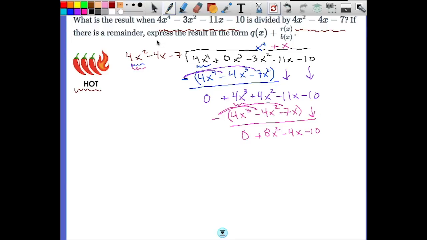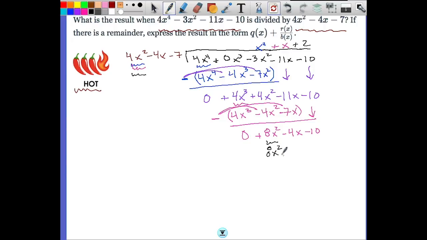Okay, exciting. We're going to continue this process. We're going to divide again. We're getting closer here. And you guys, we know we're done when there's either nothing left over like the previous problems, or the polynomial degree of the dividend that we're estimating and making smaller has a degree less than our divisor. We're not quite there yet. We're getting close there. So plus 2, and this is 8x squared.